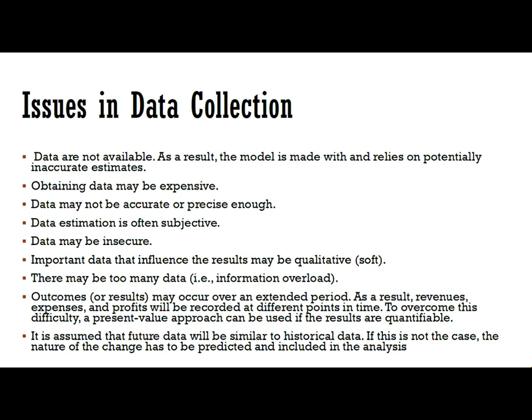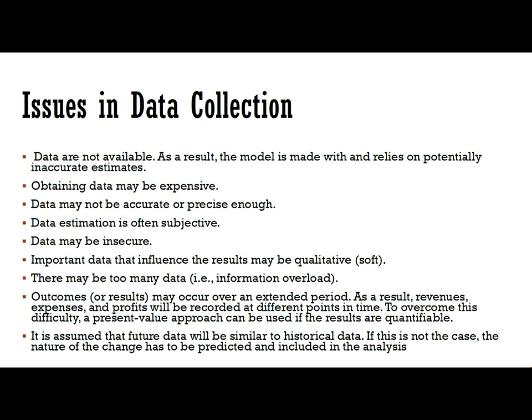Collecting data is one of the biggest things right now. There are millions of pieces of data being collected every hour around the world, all about what's going on. Issues that we can have: data is not available. As a result, the model is made, which relies on potential inaccuracies. Obtaining data may be expensive.